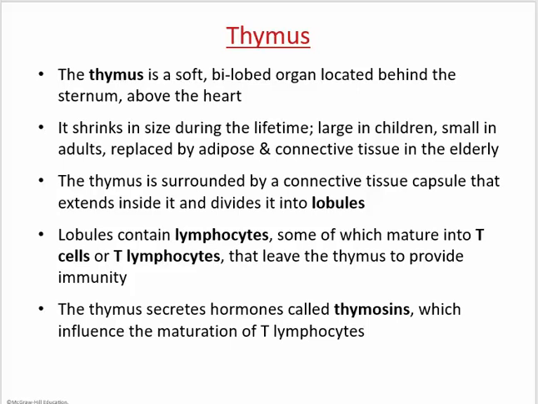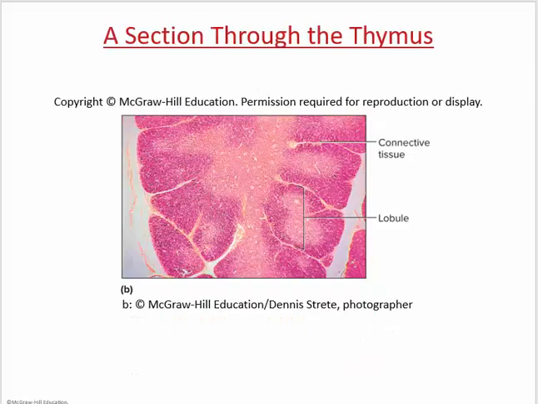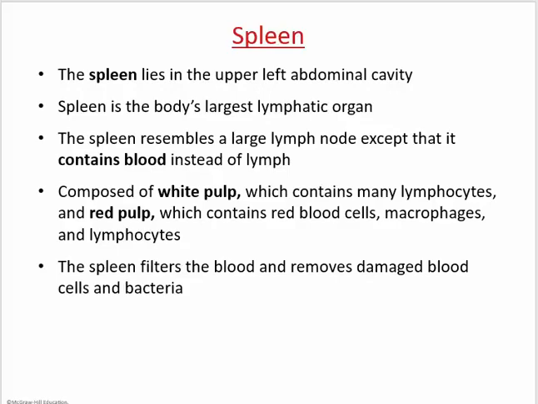By the time you're an elderly person, it has shrunk down and is not doing very much anymore. And that's why elderly people are more susceptible to infections and disease compared to kids. It's found right here. Just a photograph of it looking through.